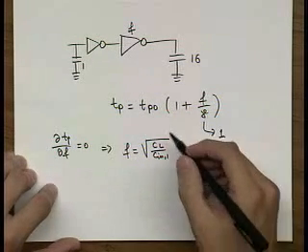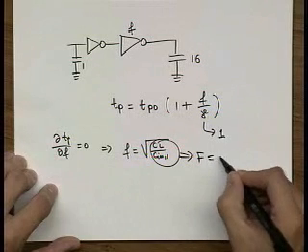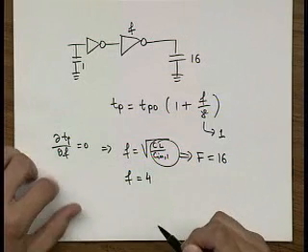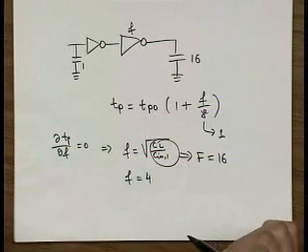This was the square root of capital F, which in this case was equal to 16. So f is equal to 4. That's the optimum factor that minimizes the propagation delay.